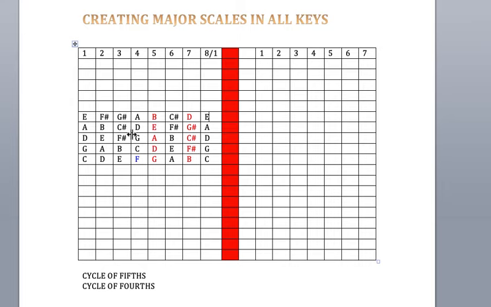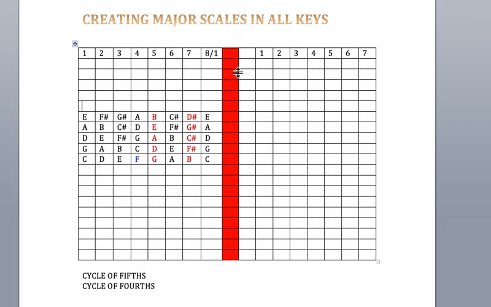So we have C sharp, F sharp, G sharp. Now we have to sharp this seventh here. That's rule number 2. And we count again E, F sharp, G sharp, A, B.